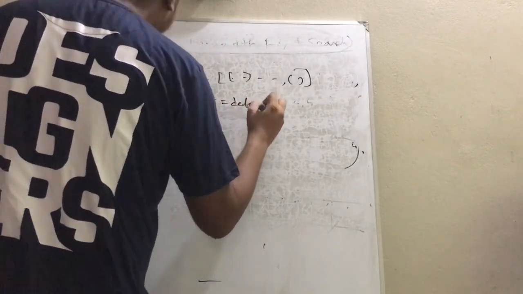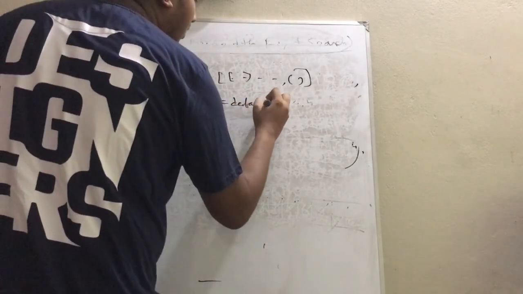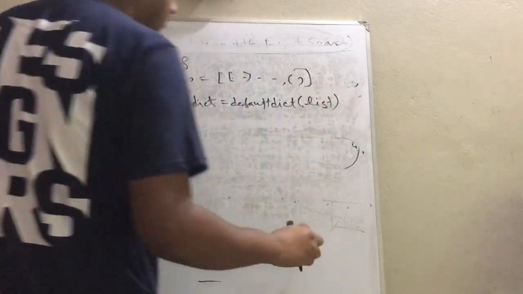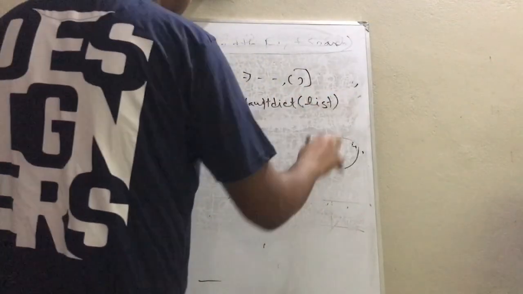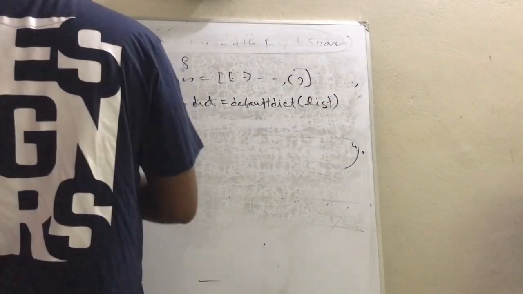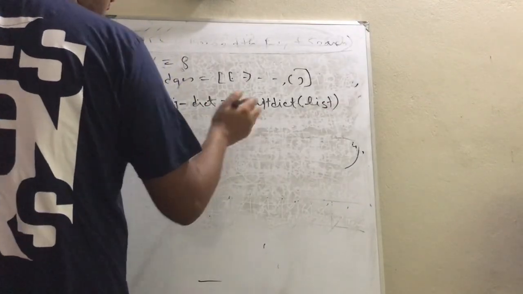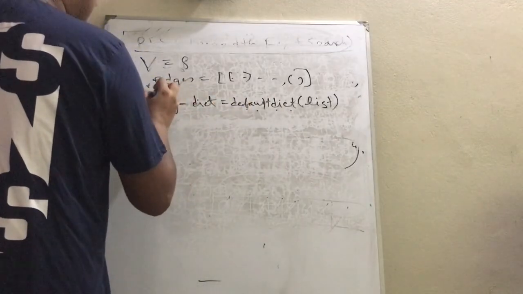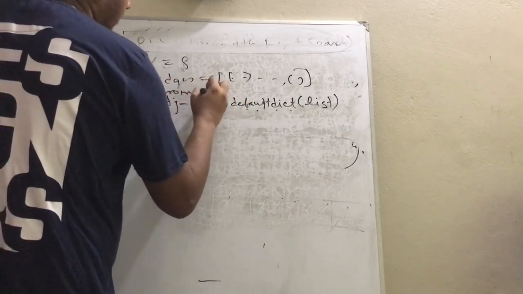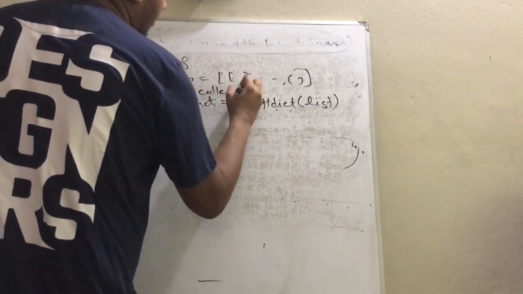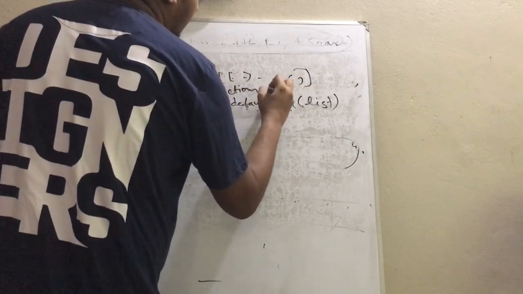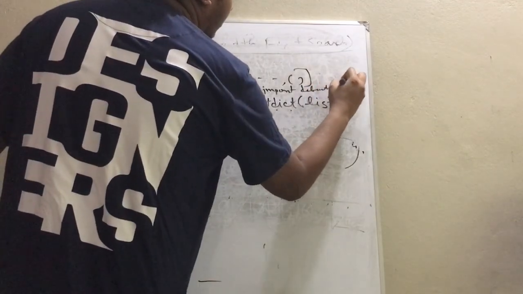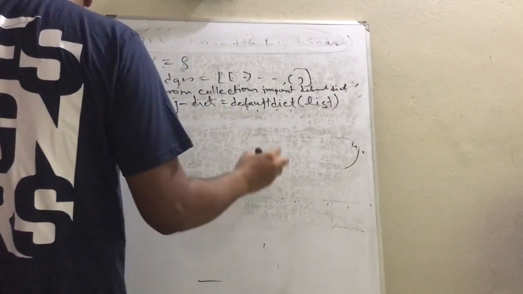We use defaultdict, which creates a list if the values are empty or the key is not present. This is imported from collections, import defaultdict. Okay, adjacency list maker.